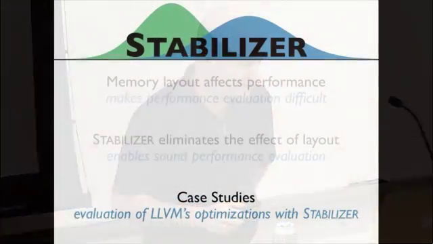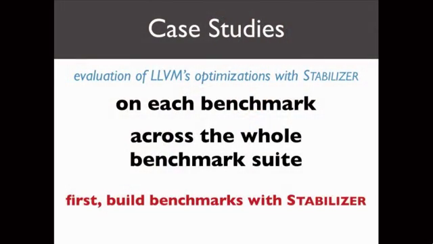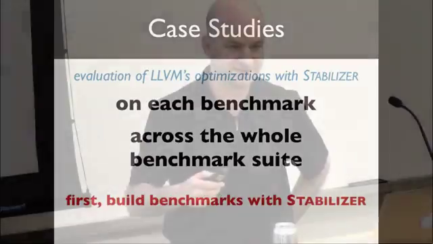So let me show you what happens when we use Stabilizer. We decided to try Stabilizer with SPEC and LLVM. In particular, we wanted to understand the effect of the different optimization levels.